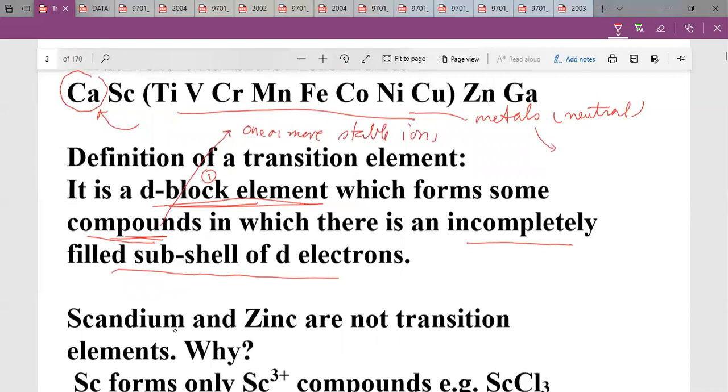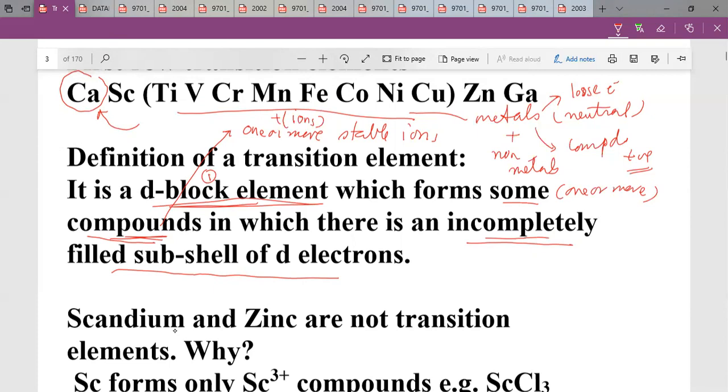When they form compounds, they normally combine with non-metals, and of course they lose electrons and become positively charged. So compounds here means positively charged ions. In the definition they use ions, which means one or more positively charged ions, in compounds in which there is an incompletely filled subshell of electrons.